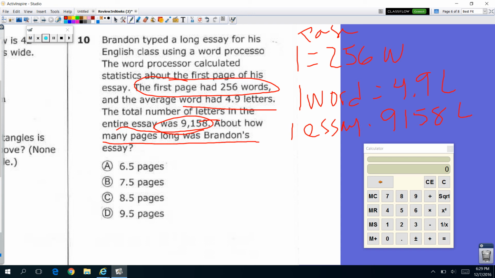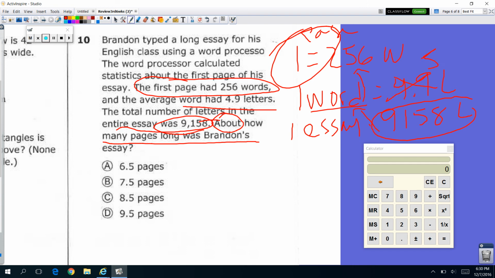So you have all of these letters, and you want to know how many pages. So truly I have to go from here to see how many words that is, and then from here I need to see how many pages I can make. So if I know that one word is 4.9, and by the way over here it tells me about, so I'm not going to deal with decimals, so instead of 4.9 I'm going to make it 5.